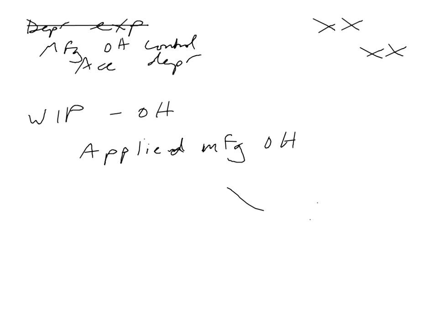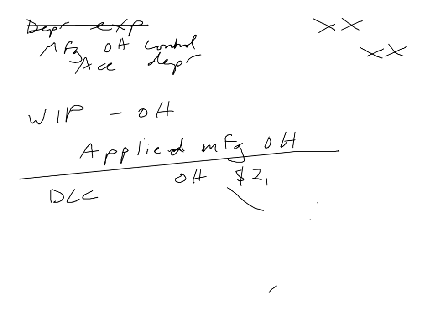The question tells us that we are allocating based on direct labor cost, and that we're estimating that overhead is going to be $2,790,000, and that direct labor cost is going to be $3 million.